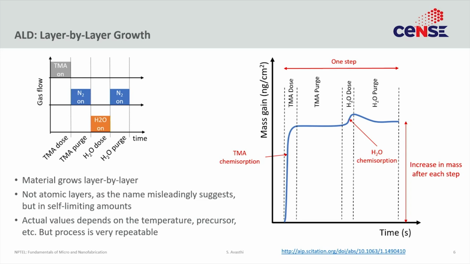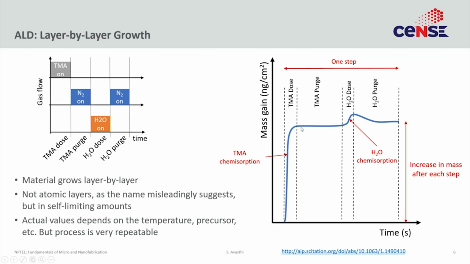Now, if you stick a quartz crystal in there and actually look at what is happening to the mass gain, it tells you a very interesting story. You start from point 0, which is the TMA dose part, and during the TMA dose, because of chemisorption, you see an increase in the mass, which is expected. But this is a self-limiting reaction, remember, so it keeps increasing, and at some point it flatlines.